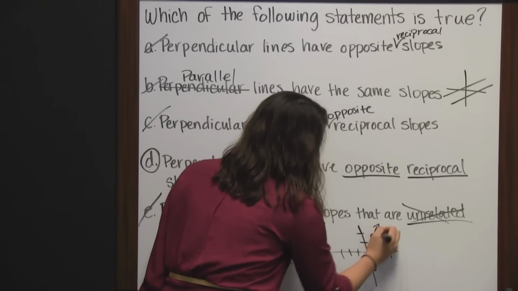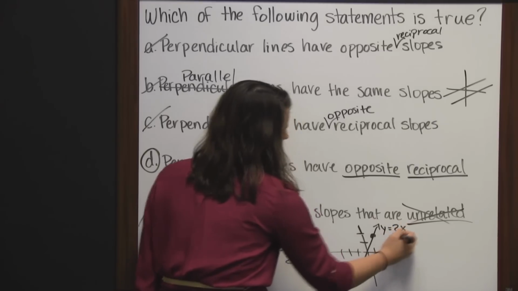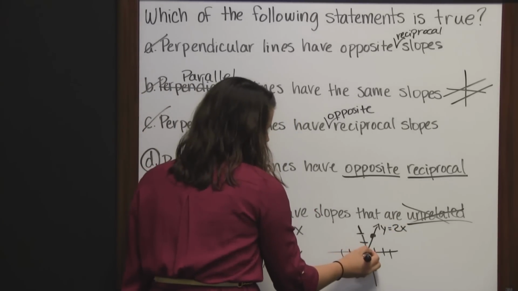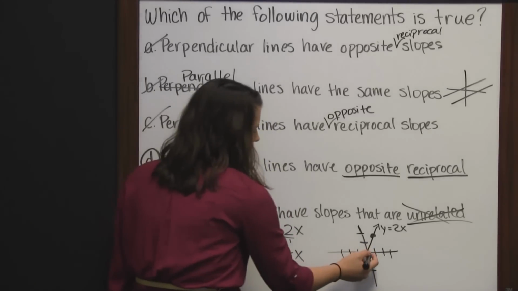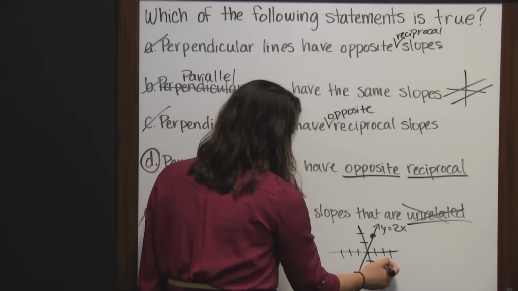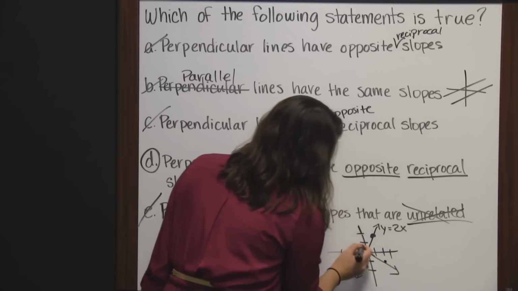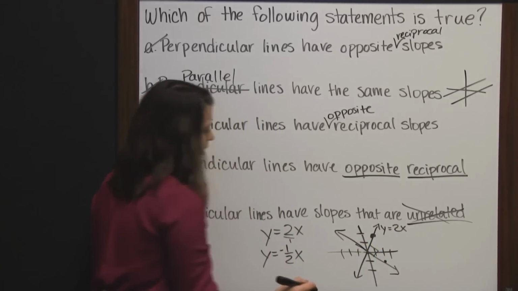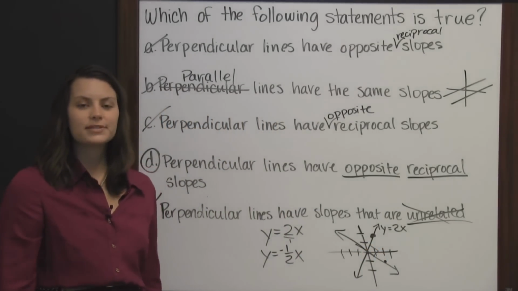So there is that line, the y equals 2x line. And then y equals negative 1/2 x would also go through the origin since it has no y-intercept. And from there, we would go down 1 and over 2. So you can see how these lines intersect each other at right angles because they have opposite reciprocal slopes.